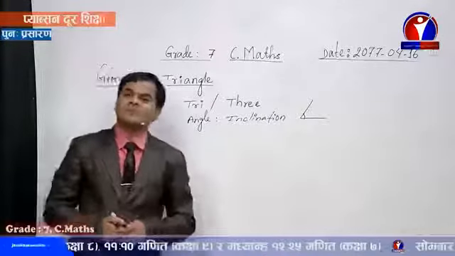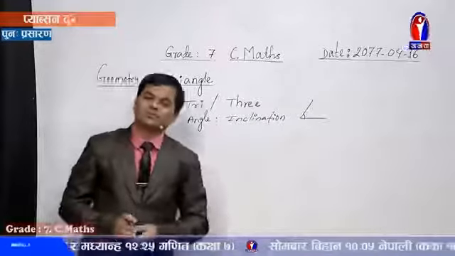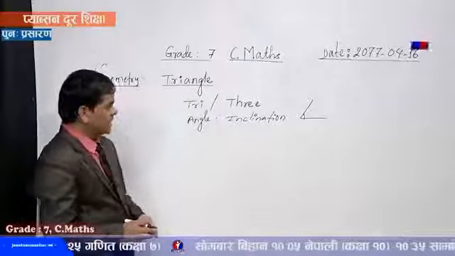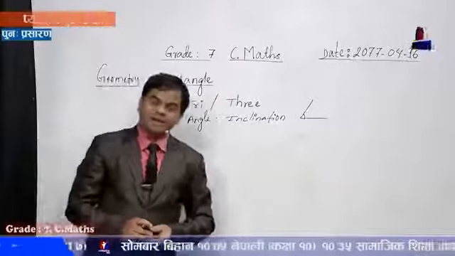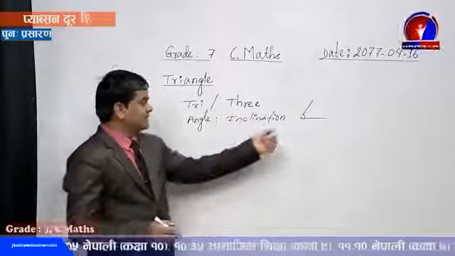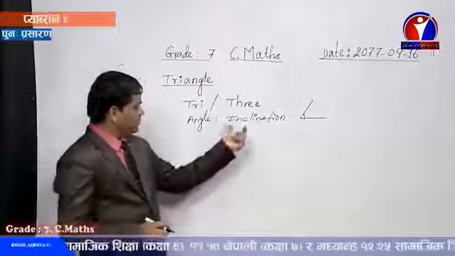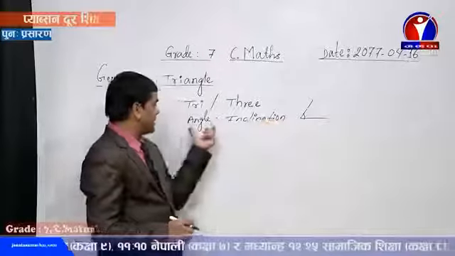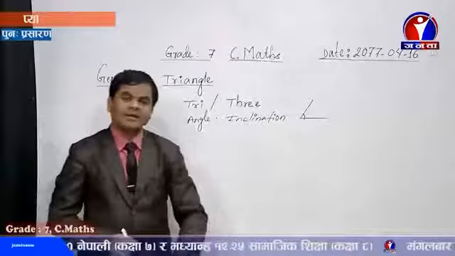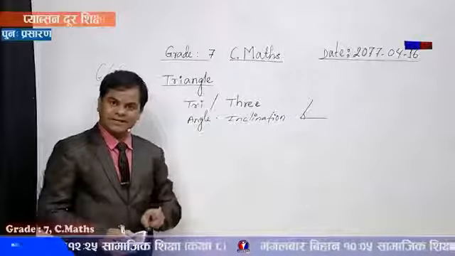That degree of measurement in between the two straight lines when they cross each other through a point is known as the angle. Simply we can write it as inclination. So tri plus angle, triangle.